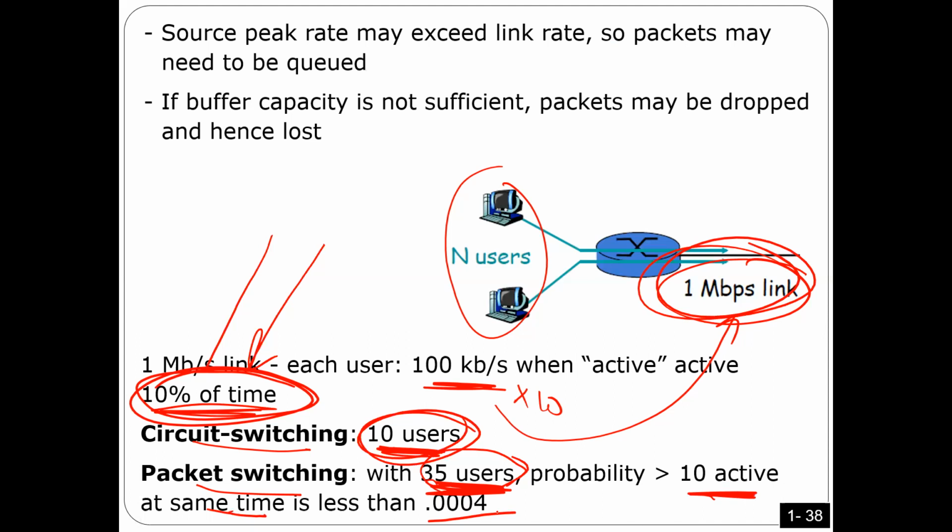You got what I'm saying? So if I support 35 users, everybody using it only 10% of the time, the probability that more than 10 are sending at the same time is just 0.0004, almost nothing. Anyway, any questions?